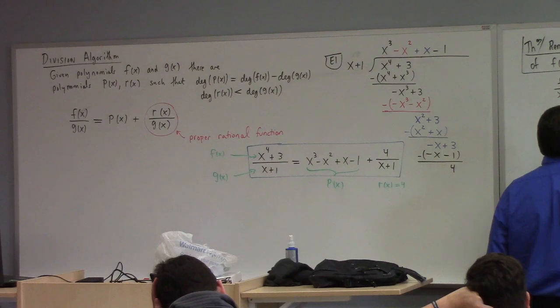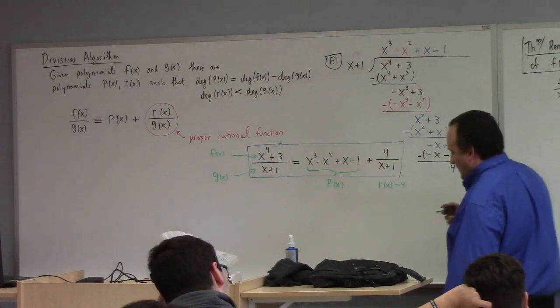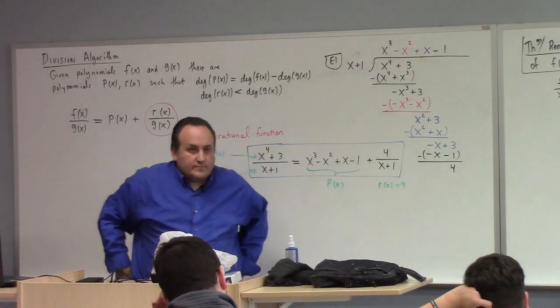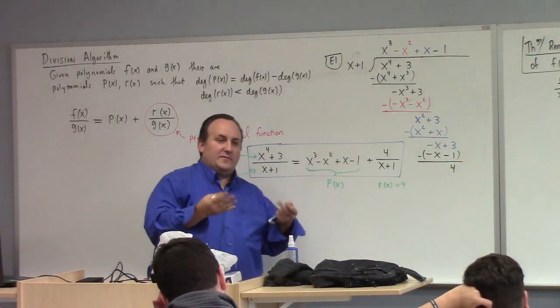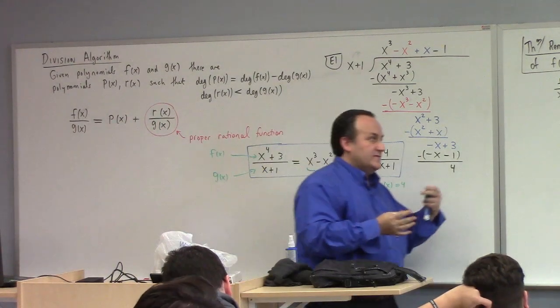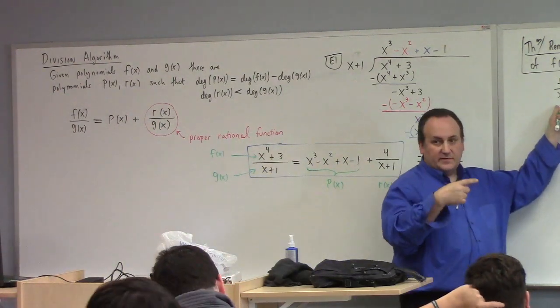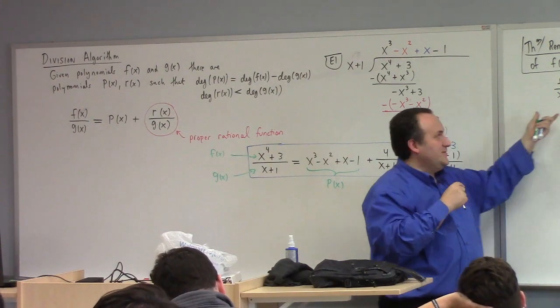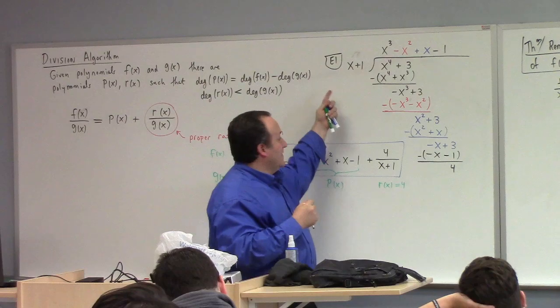Can you guys explain that to me? How do we define the remainder? The remainder has a degree smaller than the divisor. So if the divisor is degree 1, the remainder has to be a constant, like it was in example 1 here.